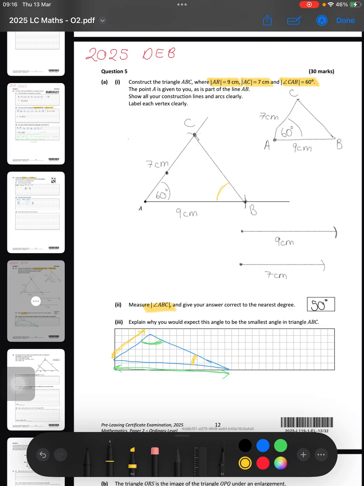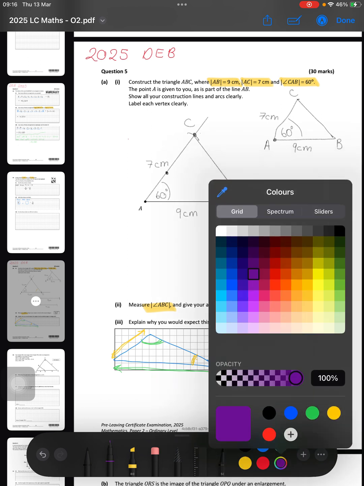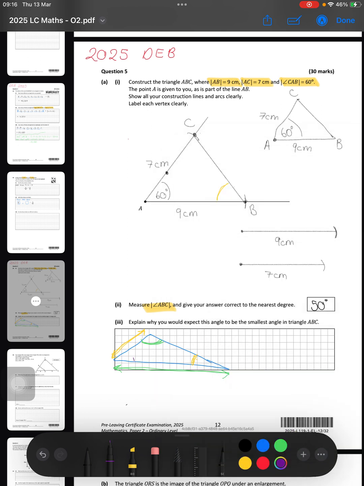So largest angle opposite largest side, smallest angle opposite smallest side, and middle angle opposite middle side. We would have discussed that in our trigonometry work. So there we go, my middle angle here opposite my middle sized side.